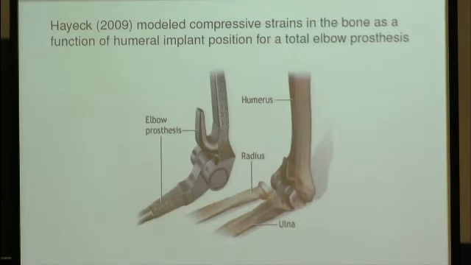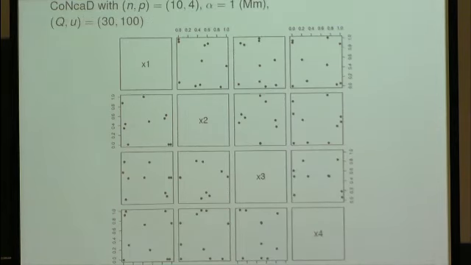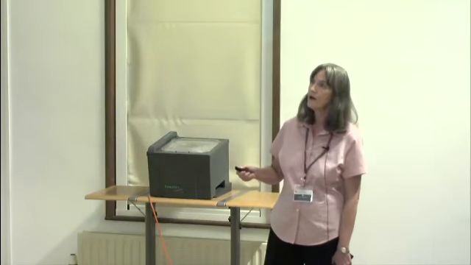So what did we get for this design? This was a 4-dimensional design with constraints on the x2 and x3. If you set alpha equal to 1, you get the maxi-min design, which looks like this. Now they only wanted 10 points for this design.